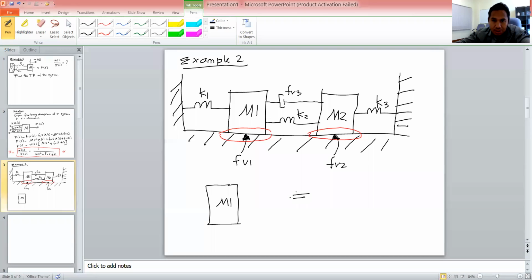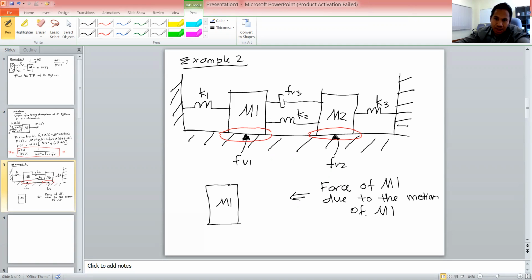This is the force of M1 due to the motion of M1. Force of M1 due to the motion of M1, okay?